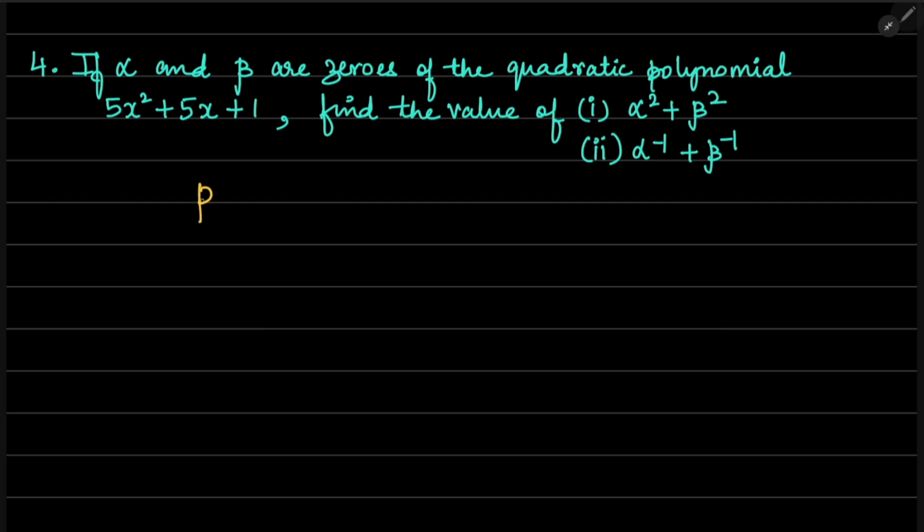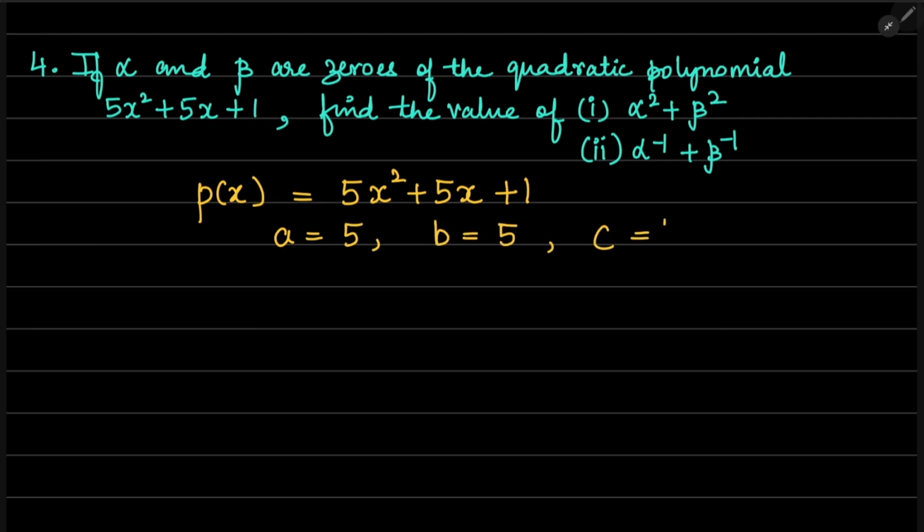First of all, the given polynomial p of x is nothing but 5x square plus 5x plus 1. What are the coefficients? A is 5, B is also 5, and C is 1. Sum of the zeros, that is alpha plus beta, is equal to minus B by A, which is minus 5 over 5.